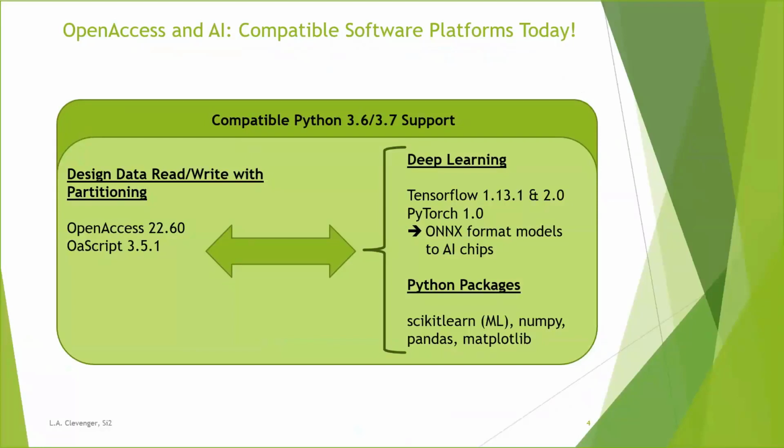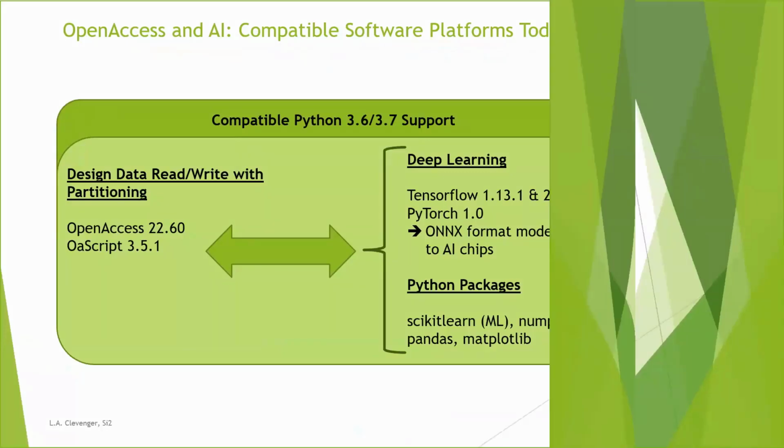They also support TensorFlow and PyTorch and the popular Python packages. So right now, all of these are available today, and in fact, we have them installed and running at SI2. So all of this is available to start on projects.